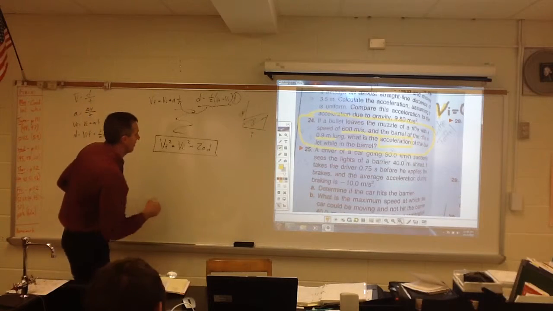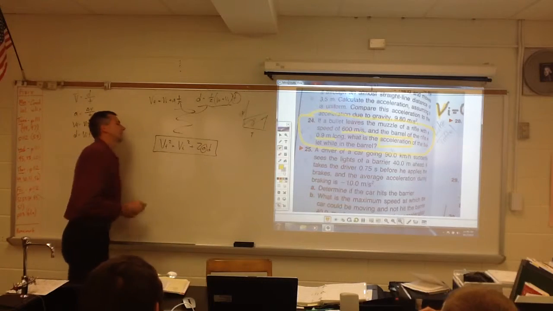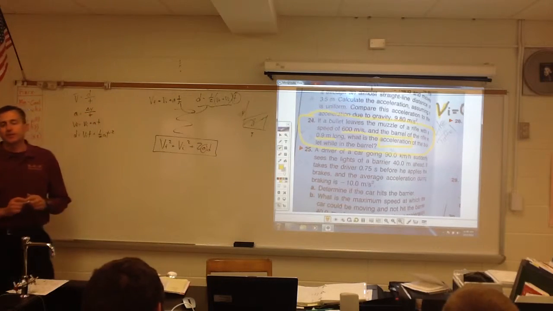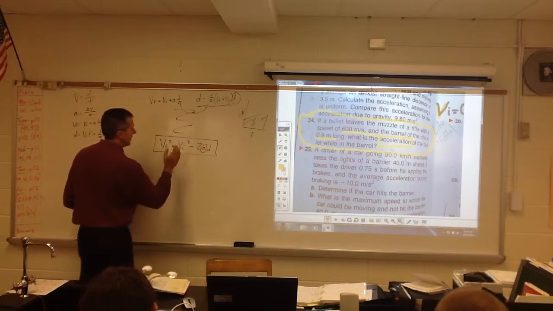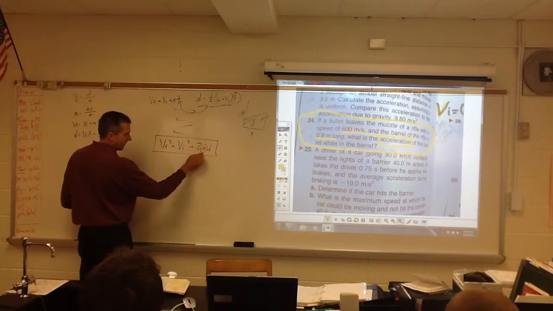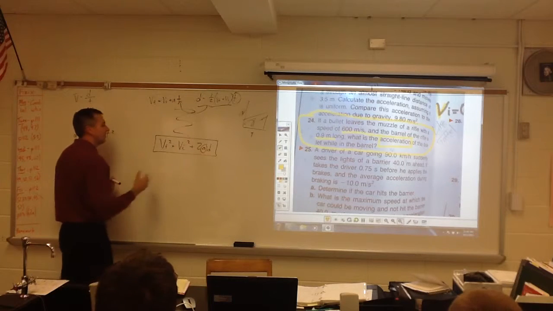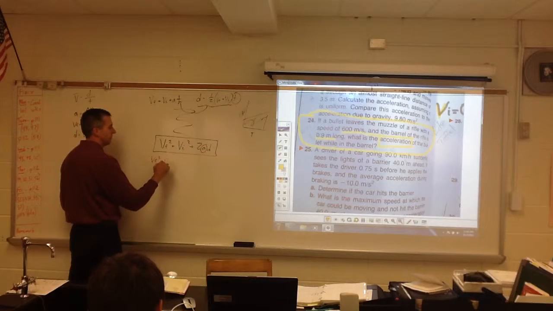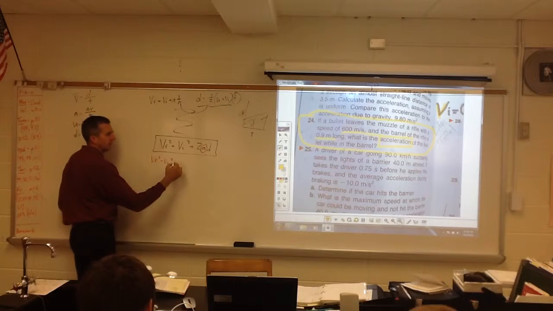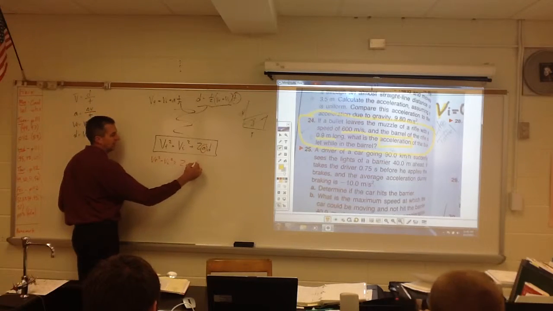What am I trying to solve for? Acceleration. I think what I should do first is rearrange the equation, because that's how I taught you to solve these problems. So I'm going to get rid of the Vi squared by subtracting it to the other side. So we get Vf squared minus Vi squared equals 2Ad.